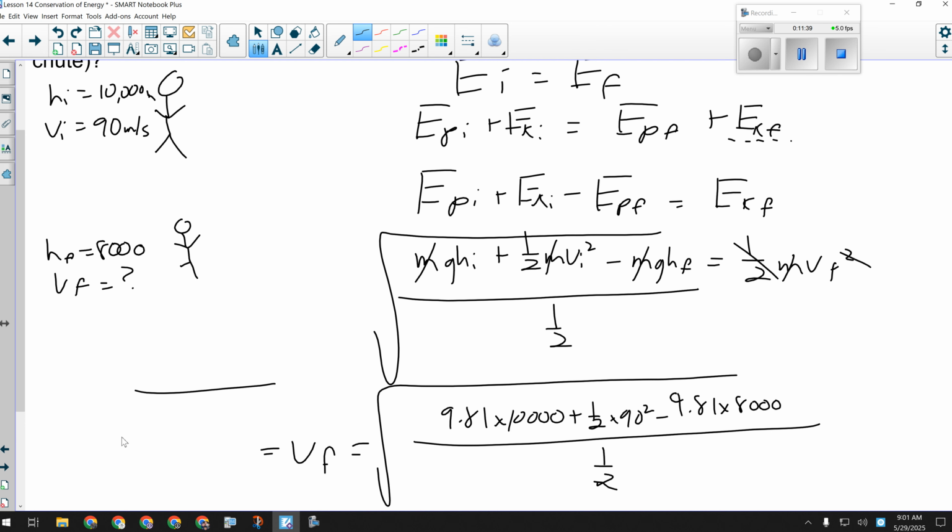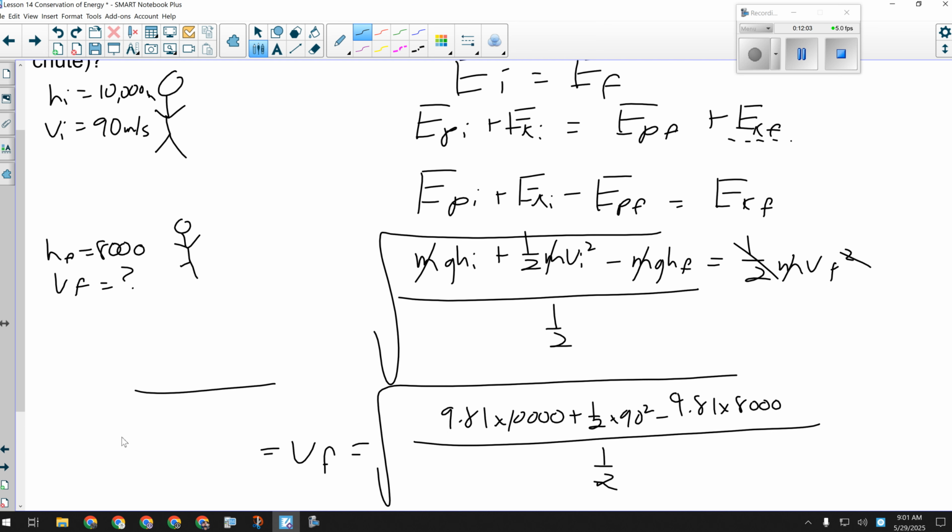Okay, also, a work energy theorem problem is going to give you either two velocities or two heights. A conservation of energy problem could give you two of each. So in a work energy theorem problem, it's going to be a change in kinetic energy or a change in potential energy.